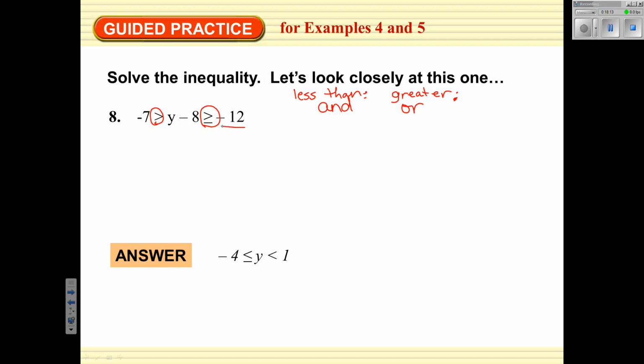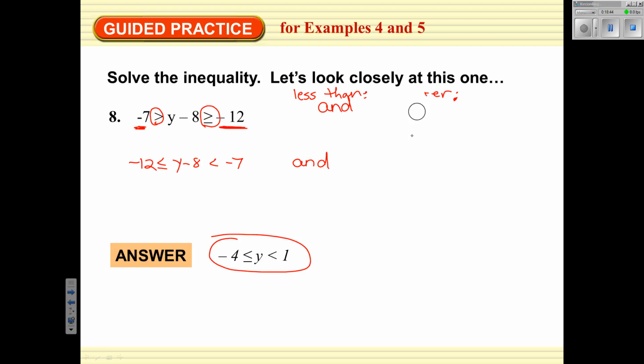We have a negative 12 here, and we have a negative 7 here. Which one's bigger? Negative 7 or negative 12? So negative 7 is bigger, so we probably actually could rewrite this one to look like this. Then it becomes an and statement, which then gives us our answer here, and not an or statement.